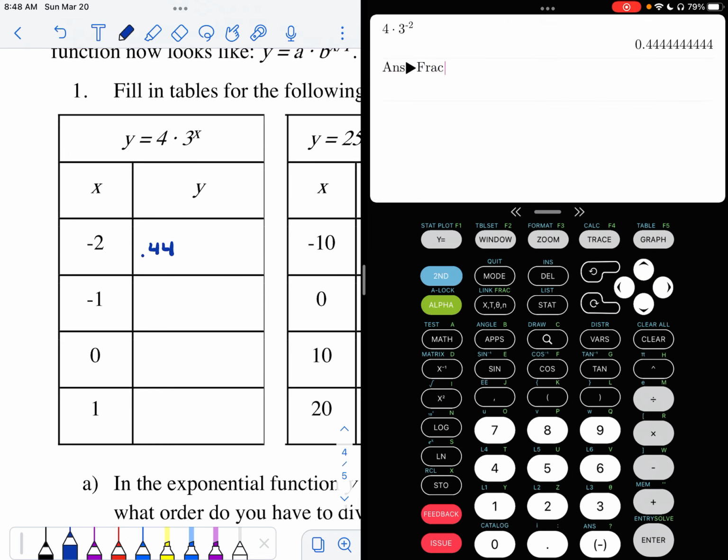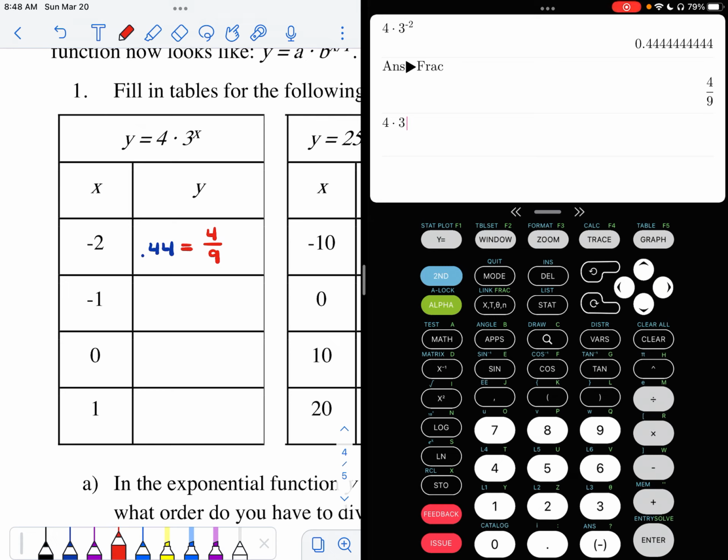I'm going to hit math and then my fraction button, and write it as a fraction as well. I just want to see it both ways in case it might be easier to compare in one way versus the other.